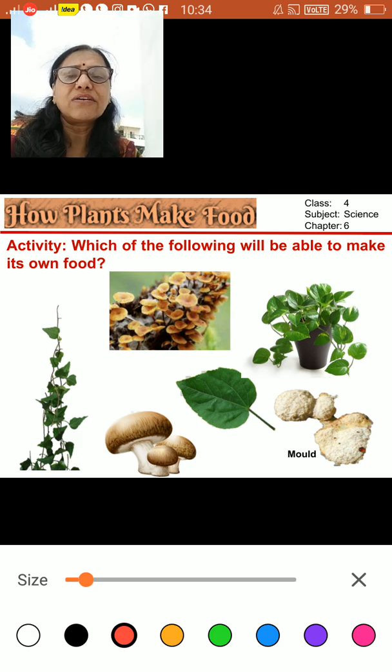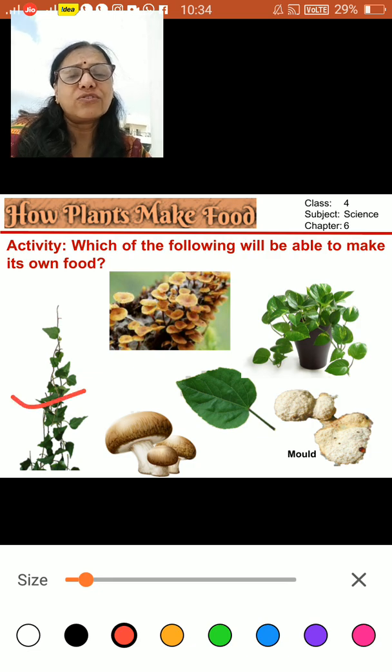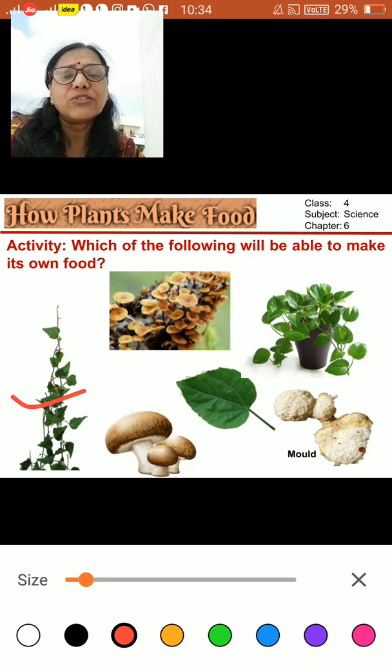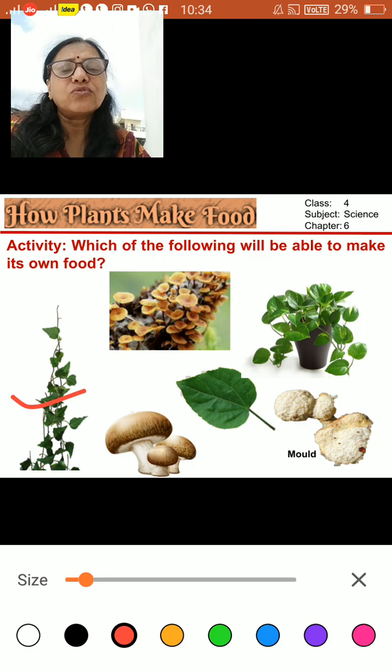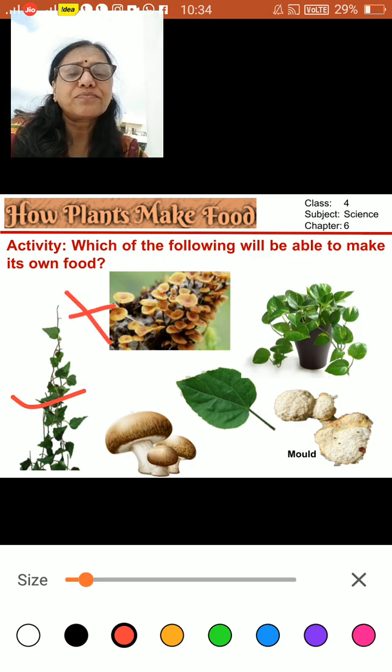So let us begin. The first one, which has a green substance, chlorophyll, will be able to make its own food. So I will mark it right. Here again, these yellow flowers do not have chlorophyll, so they will not be able to make their own food. So I'll mark it cross.